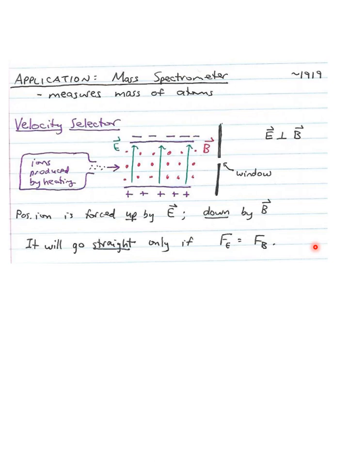When the ions are produced by heating, you have ions of many random speeds. The purpose of this velocity selector is that only the ones that pass through this window are going at a certain speed. So some will go up, some will go down, but only ones of a certain speed will go right through this window.